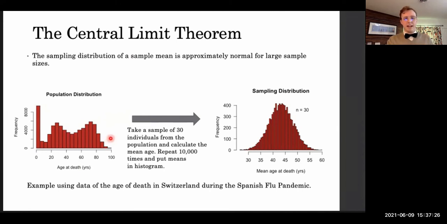But if I take a sample of 30 individuals from this population, calculate the mean age of death, and store that into a histogram, then repeat that 10,000 times, each time putting the mean into this histogram to create a sampling distribution, I create something that is roughly normal shaped.